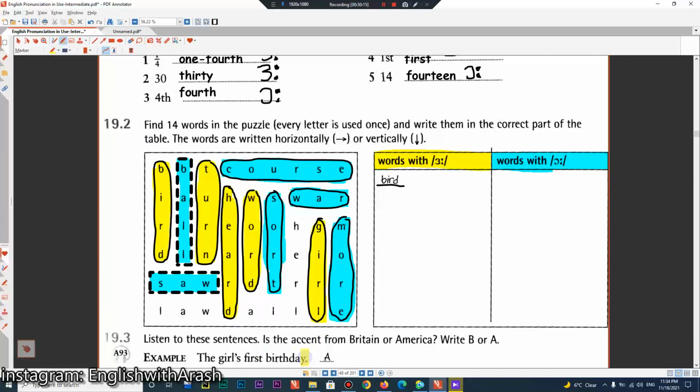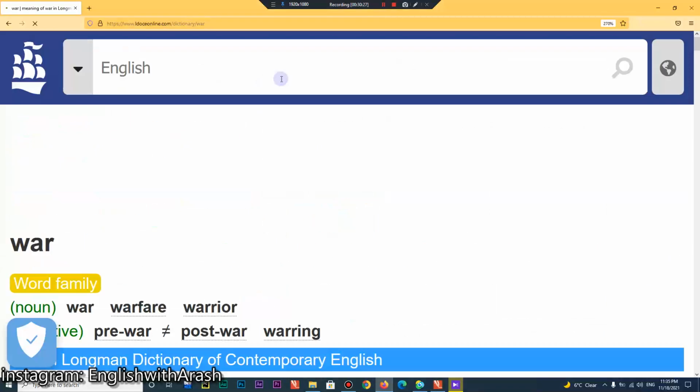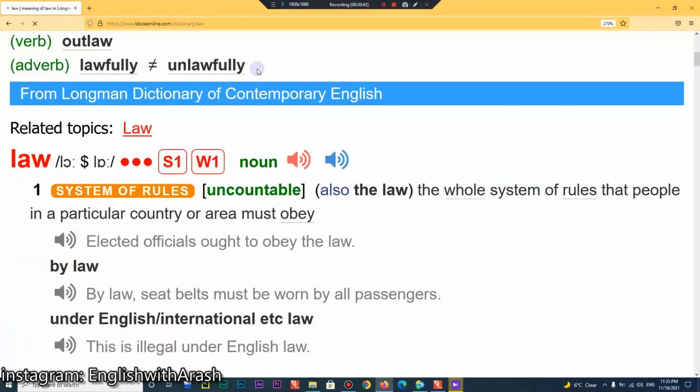Low, yes. So we talked about it. Now, of course, it's not low, but if you check it here, law. Of course, it's not A, so you can see. Again, it's just in British. In British, you say something like low. In American, though, we don't say that. In American, it's law.